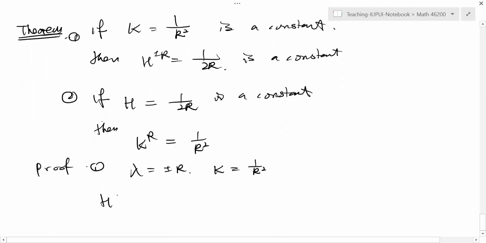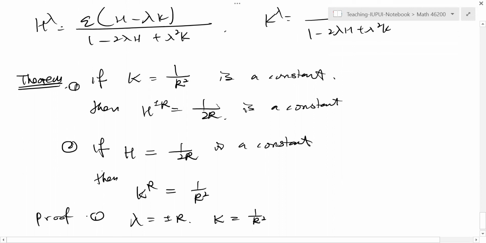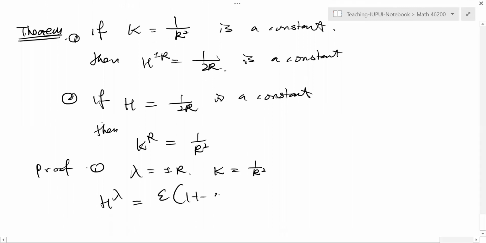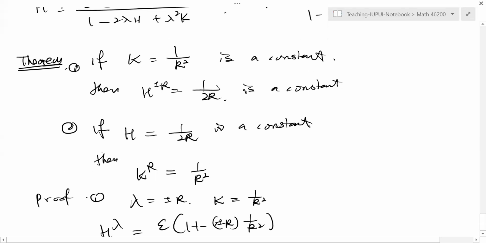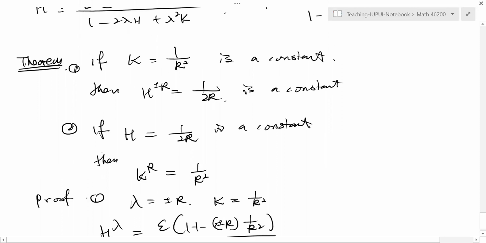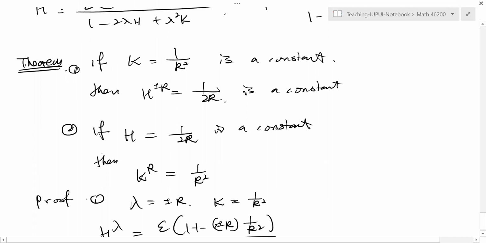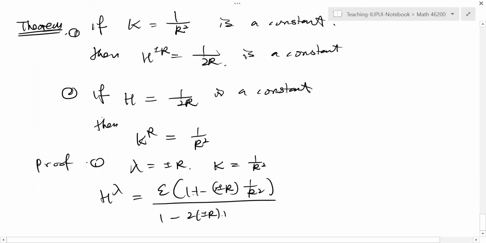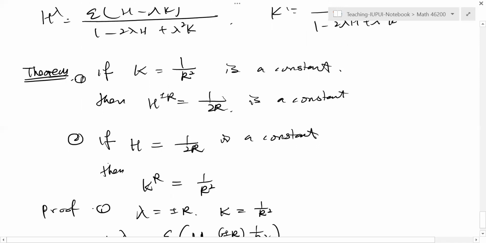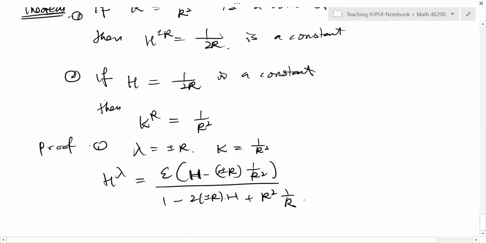So H lambda, the formula says, is going to be epsilon, right, H minus R, where lambda is plus minus R, and lambda squared is R squared, and K is 1 over R squared. Let's simplify.